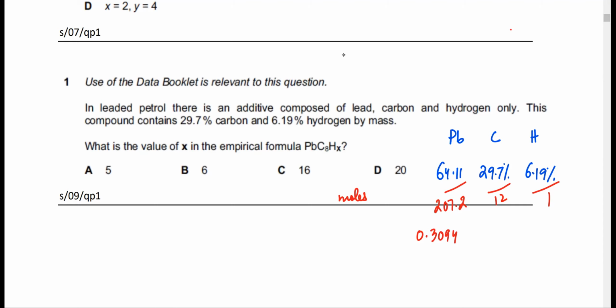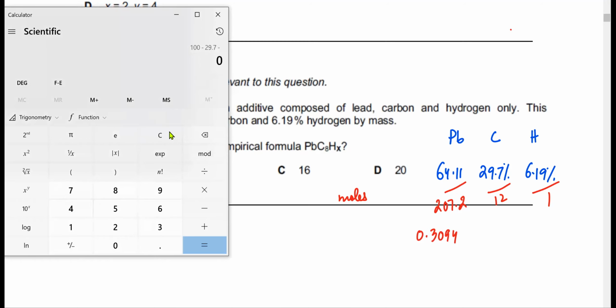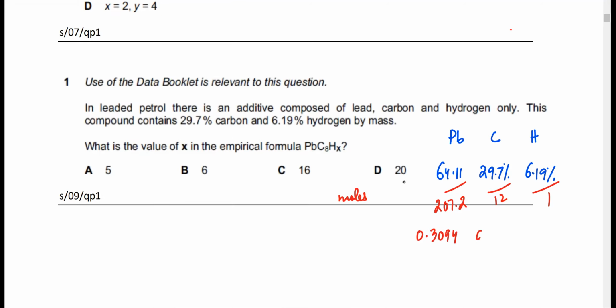What's carbon, 29.7 divided by 12? 2.475. Are you sure? That's 2.475. So you are getting 2.475, and this is 6.19, obviously.